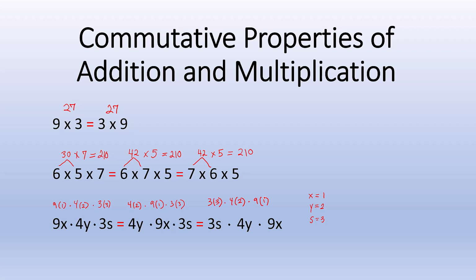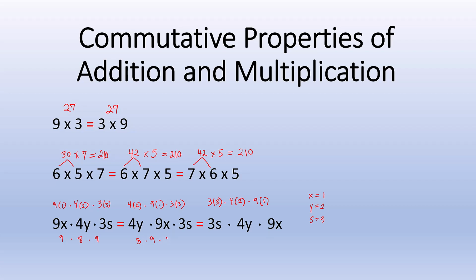Okay, so let me go ahead and do it at the bottom so that way we have more space. So 9 times 1 is 9. 4 times 2 is 8. And 3 times 3 is 9. Here we have 4 times 2 is 8. 9 times 1 is 9.